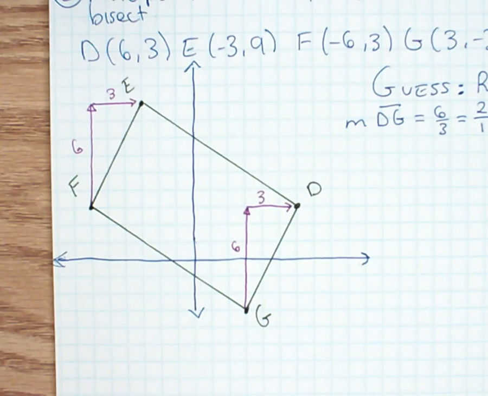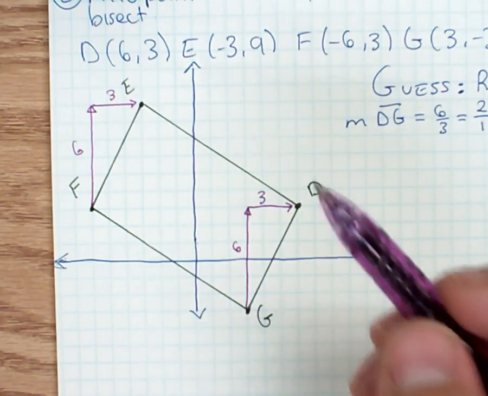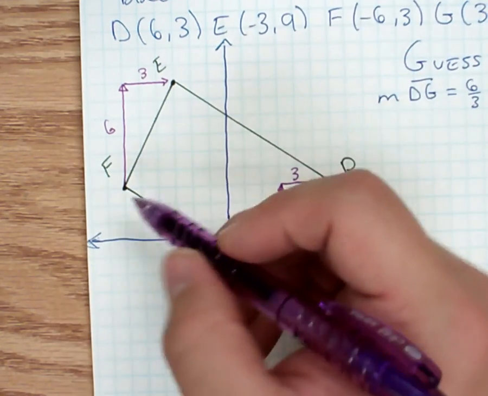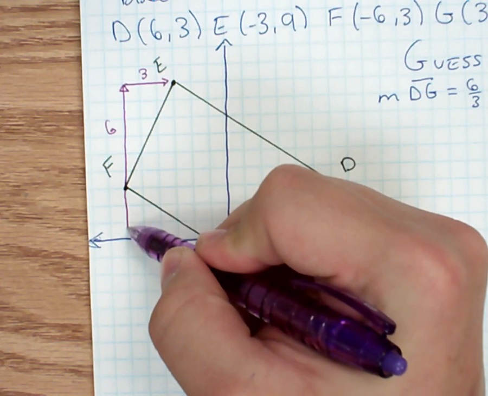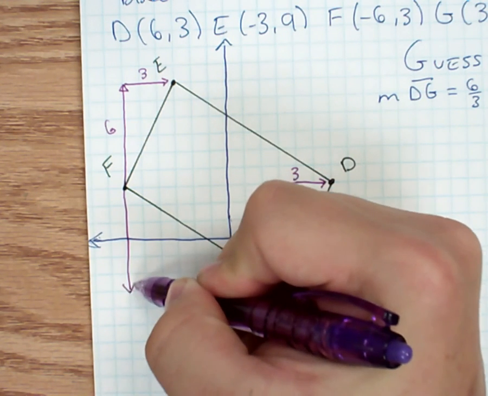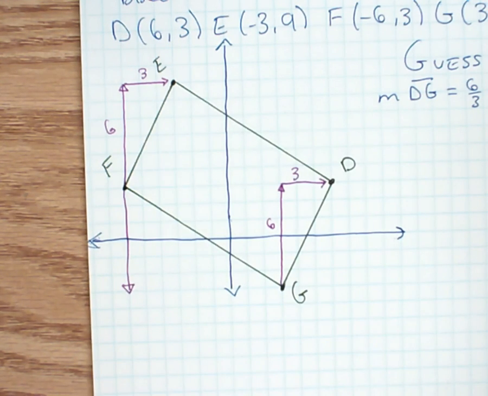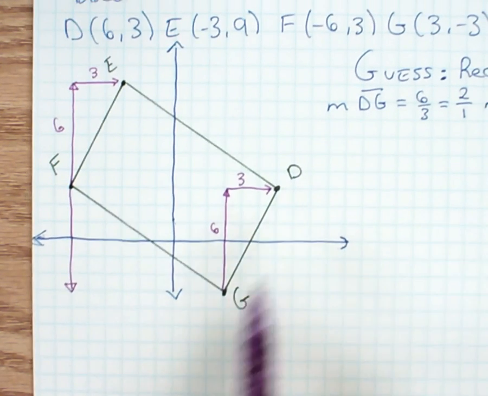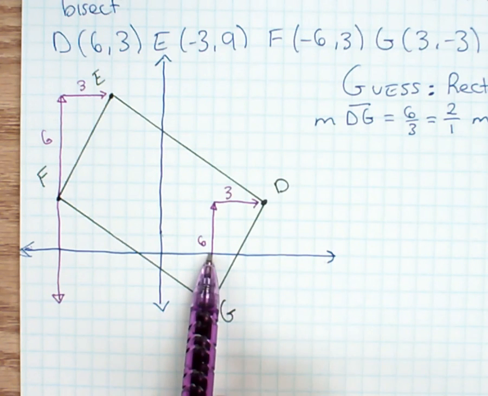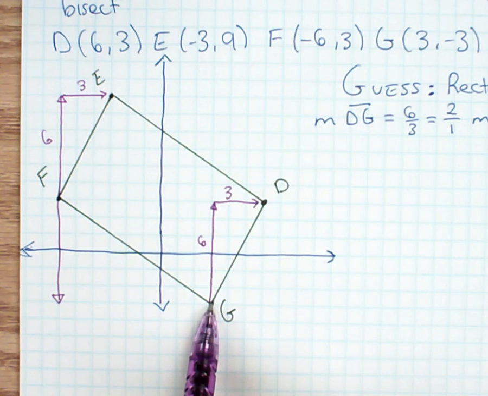All right, so now let's try FG, okay? So we go down how far? I'm getting 2 points on the bottom right. Like, I'm getting G and F in the same box. All right, G is 3, negative 3, so you go over 3 and down 3, so that's where G is.